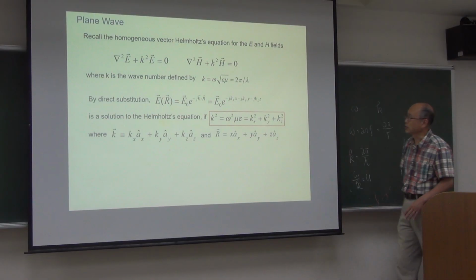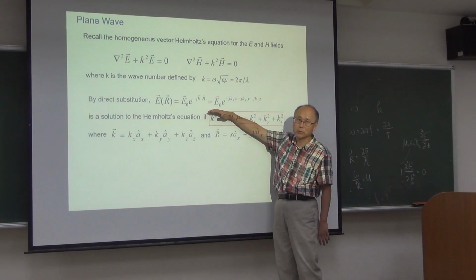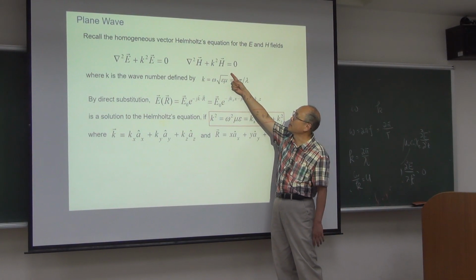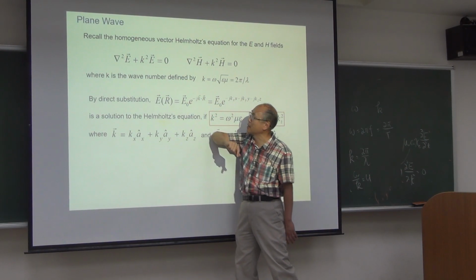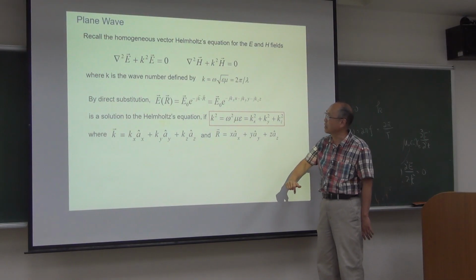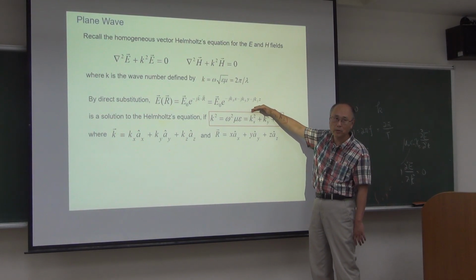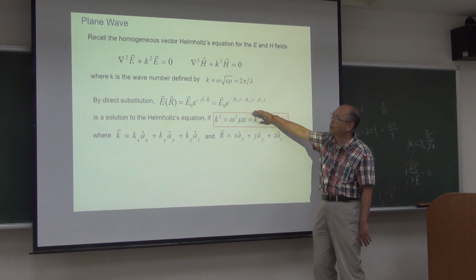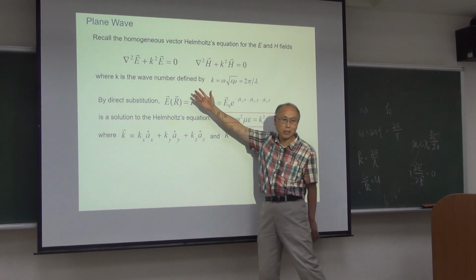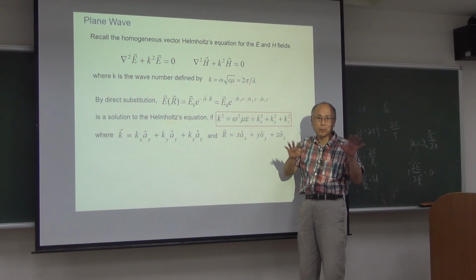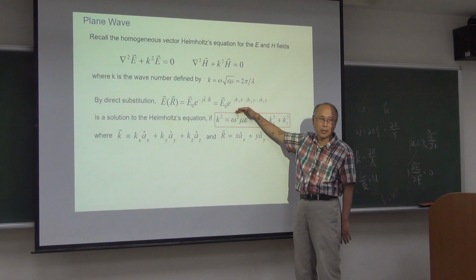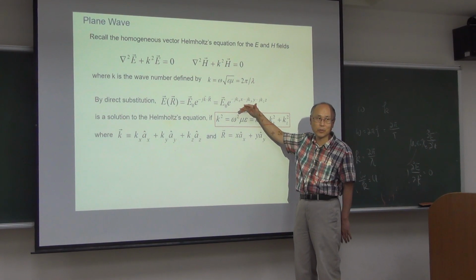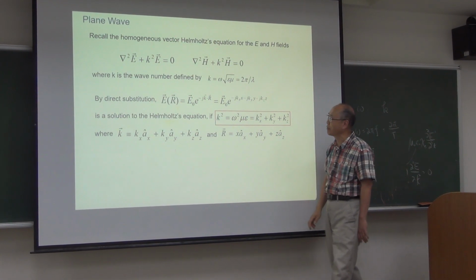So the general solution of the Helmholtz equation for the electric field is given by this one. This is just one of the solutions for a Helmholtz equation. There could be multiple solutions, but this one is particularly simple and easy to understand, so we extract it and take it out for discussion.